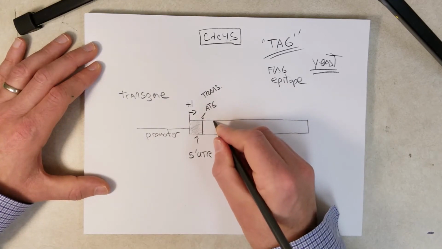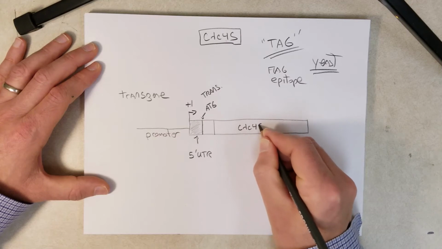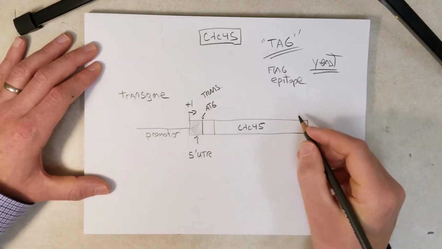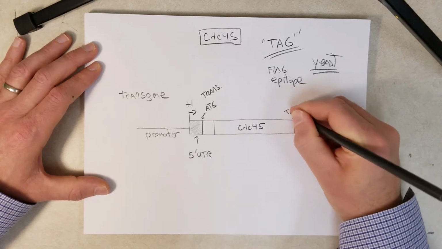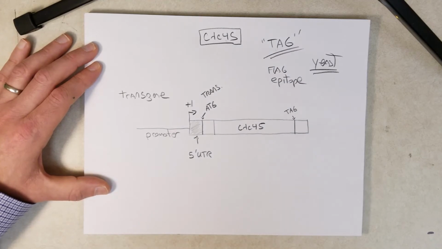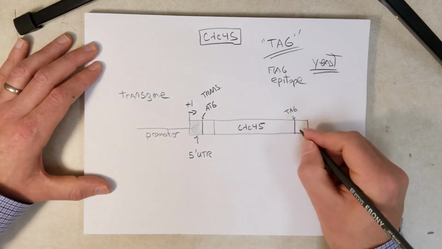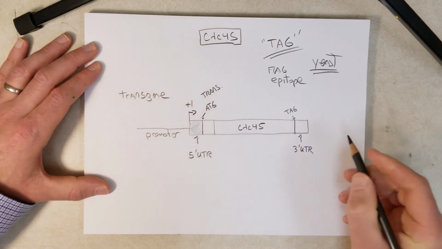Now down here, we're going to have the CDC45 coding sequence. And let's put a stop codon on right here. It could be TAG, could be TGA, or TAA. And then this will be the 3' UTR, which will be found at the end of the messenger RNA.